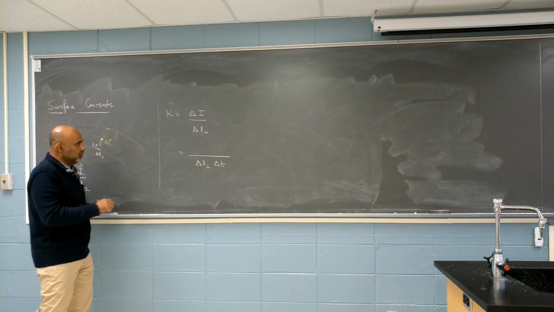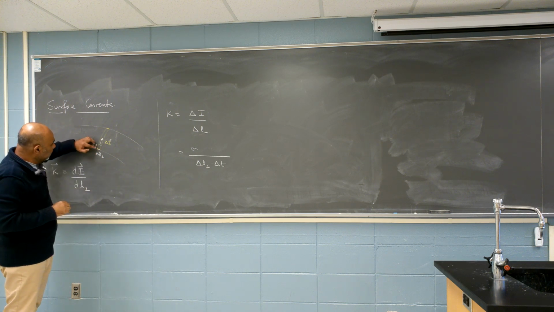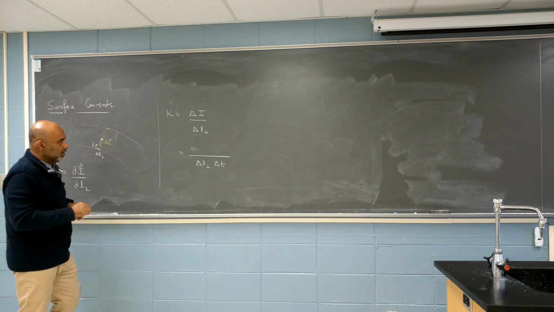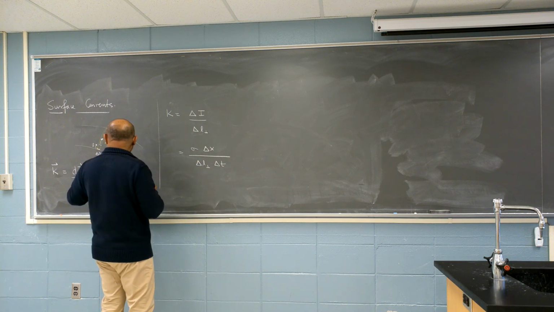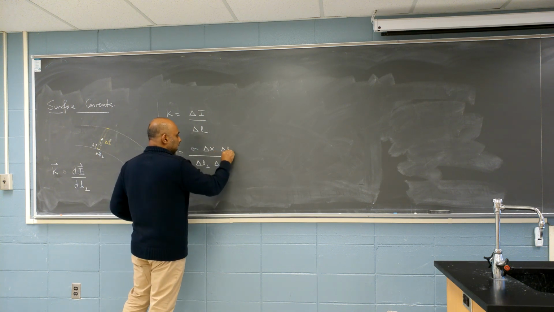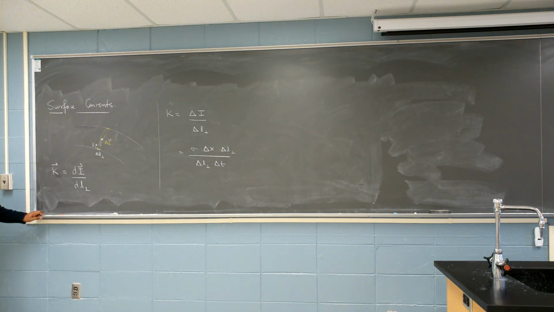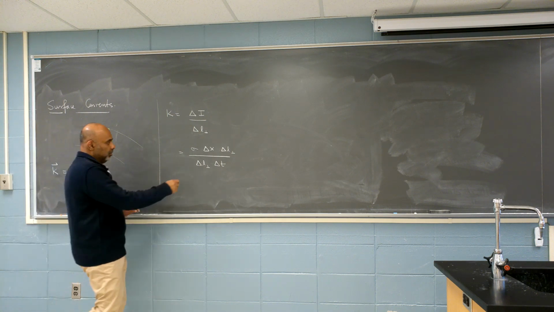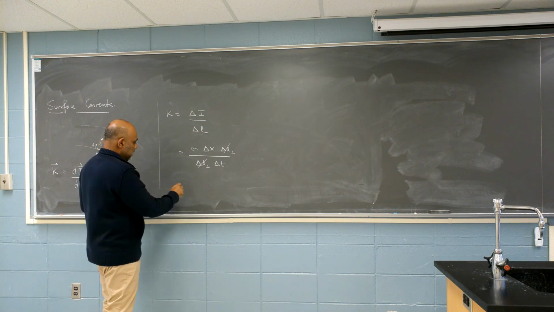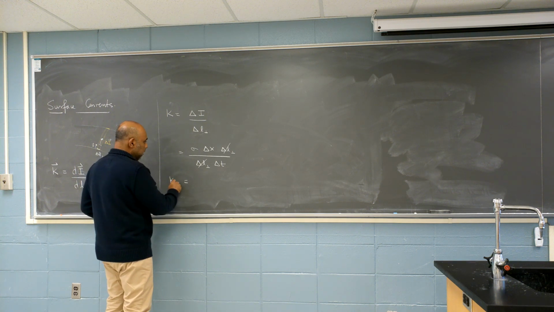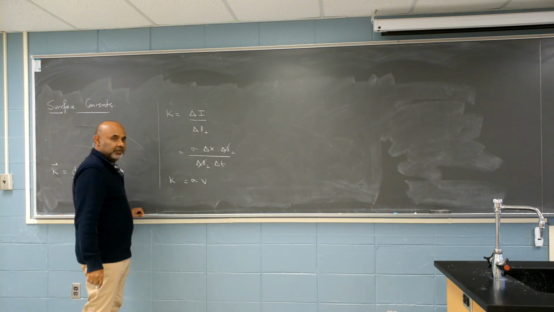And it is the surface charge density times this area, some delta x times delta L perp. The L perps cancel, and in magnitude we get sigma delta x over delta t, which is v.